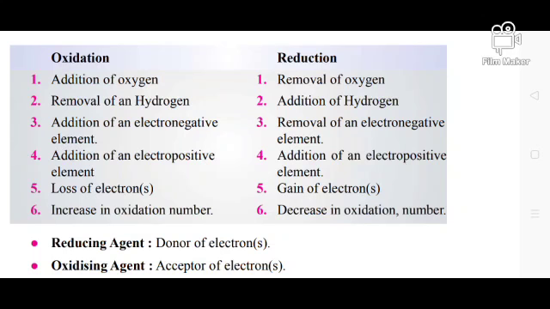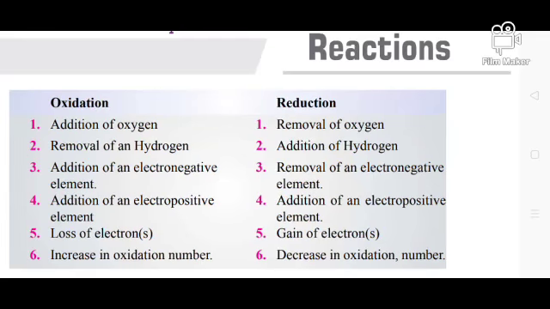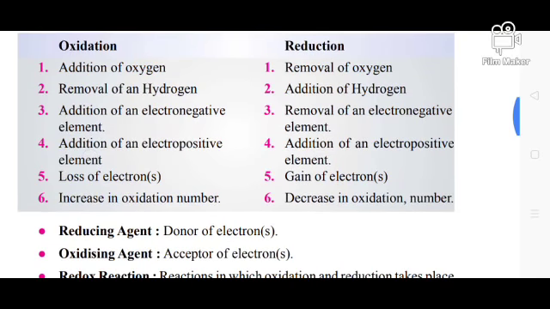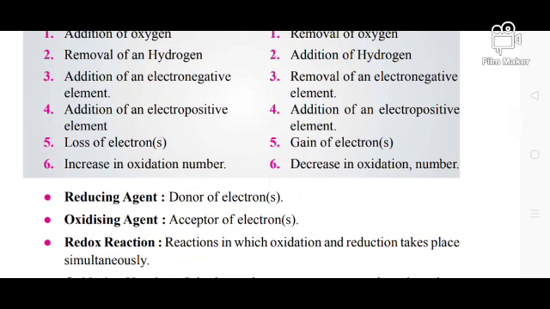Okay. As I have discussed, when there is an addition of electronegative elements, we can say oxidation occurs. And on the other side, in contrast, when the removal of electronegative elements occurs, we can say reduction occurs. After that, the addition of electropositive elements. Similarly, when electropositive elements are added, we can say reduction occurs. Okay.